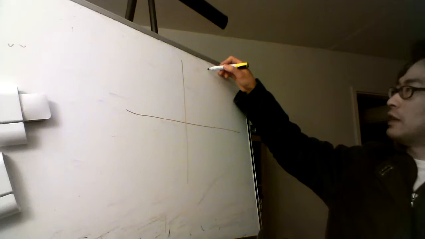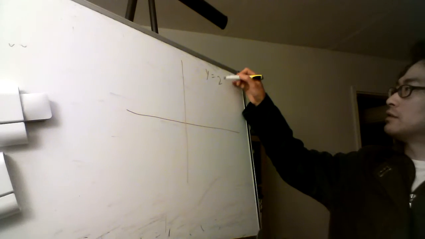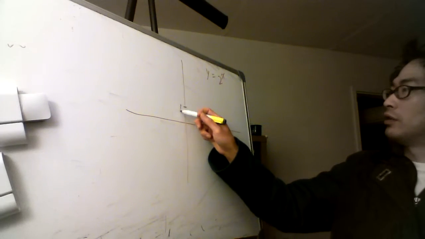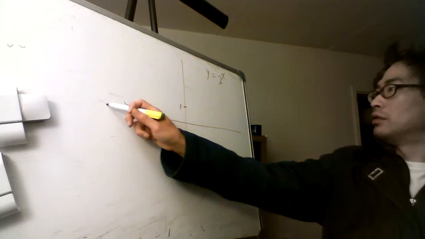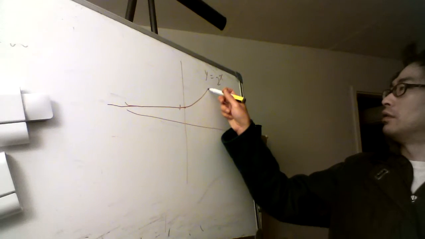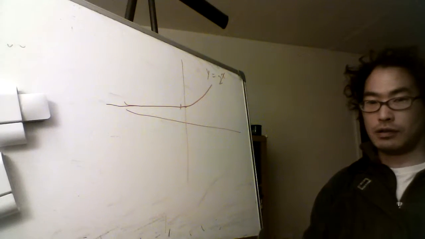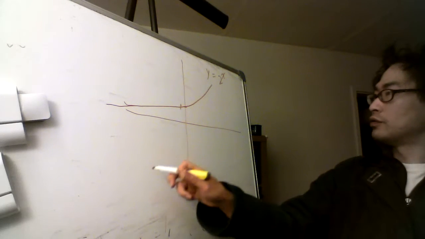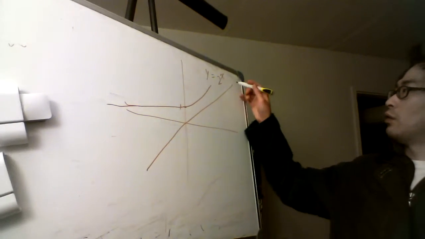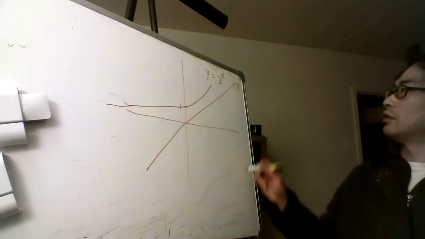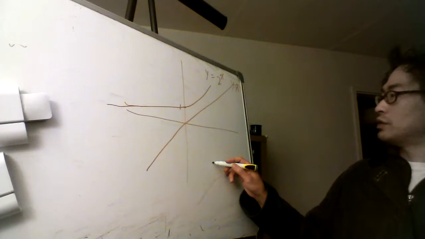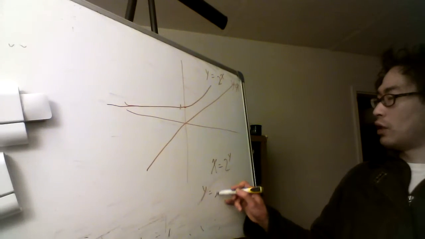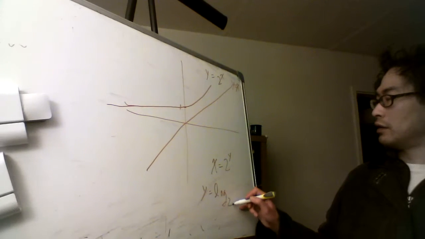Alright, now, next step. Y is equal to 2 to the x. Goes like this. You have an exponential function. And of course you have y is equal to x as a mirror. Now, switch x and y. X is equal to 2 to the y, which is y equal to logarithm base 2 of x.